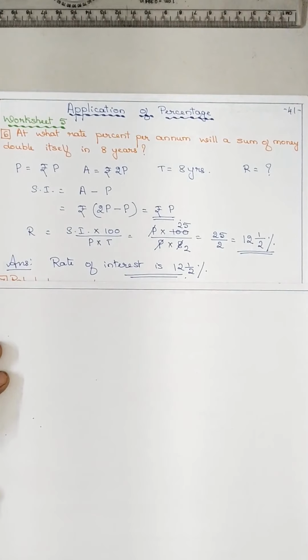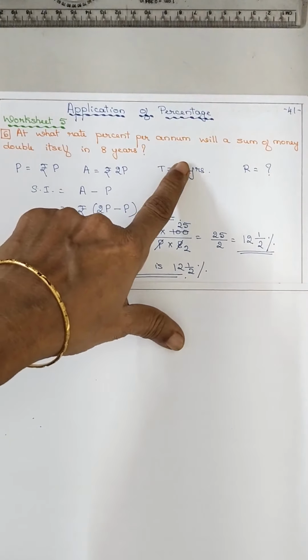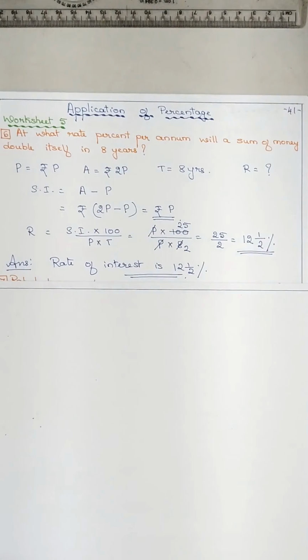Is it clear? They have asked at what percent a sum of money will double itself. So principal, if you take it as rupees P, the amount will be 2P, and find out SI. 2P minus P is rupees P.